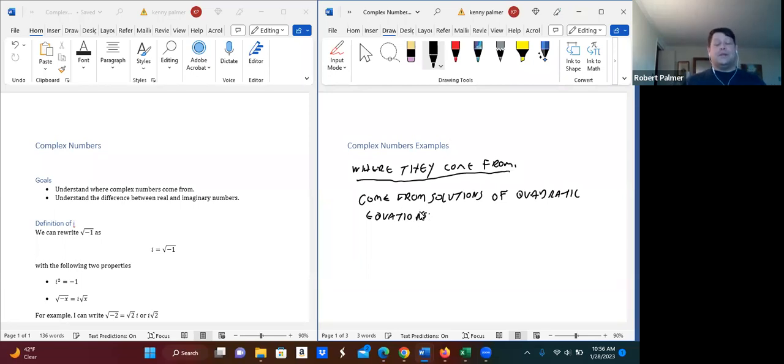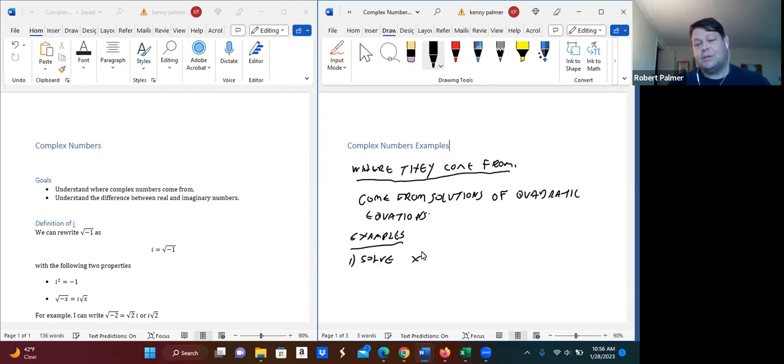Now, it's not the only place they come from, but for what we're doing, that's where we're going to see them the most. So, for some examples of that, let's say you want to solve. Example number one, you want to solve.